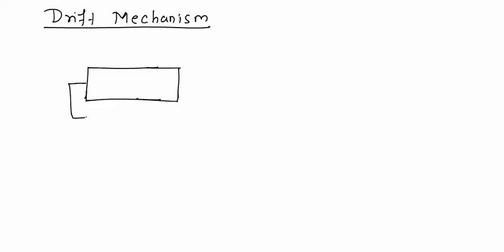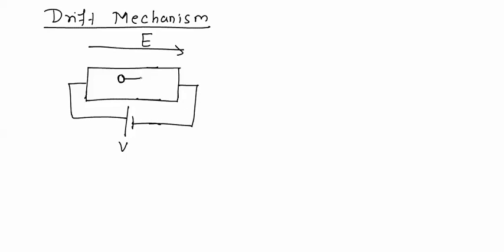In this material, if we apply a battery across it, then due to application of this supply, an electric field will act on the charge carriers, and due to this electric field, holes move in the direction of electric field and electrons will move in the opposite direction of electric field.